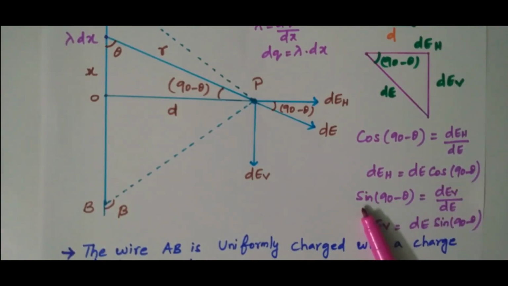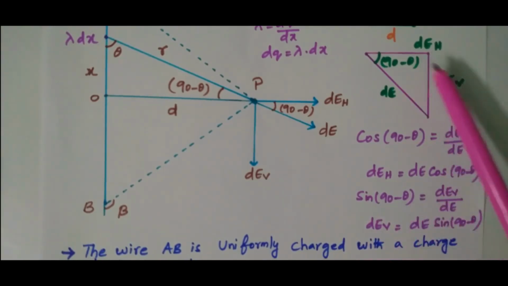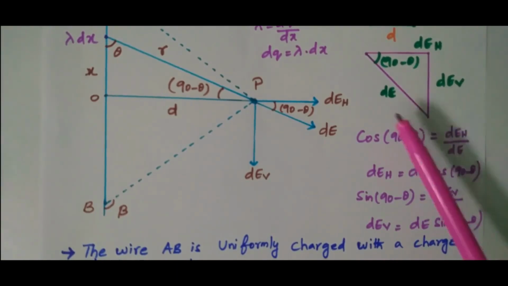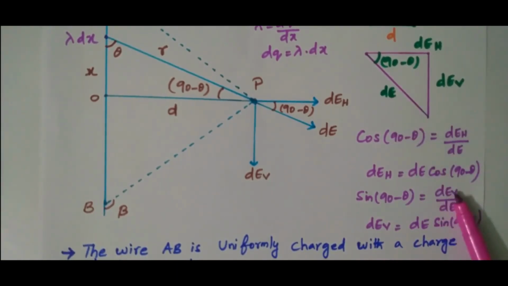Similarly, we can find sin of 90 minus theta. Sin of 90 minus theta means opposite side by hypotenuse. Opposite side is dEV, hypotenuse dE. So dEV by dE is given by sin of 90 minus theta. You cross multiply this, so that dEV equals dE sin of 90 minus theta. So vertical component equals total component multiplied by sin of 90 minus theta, right?